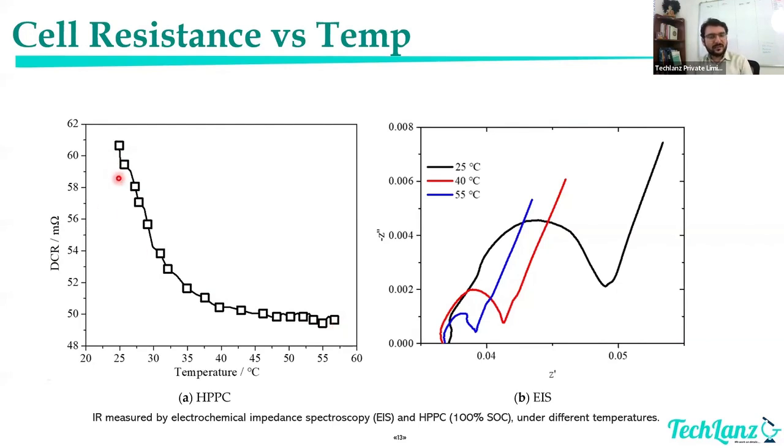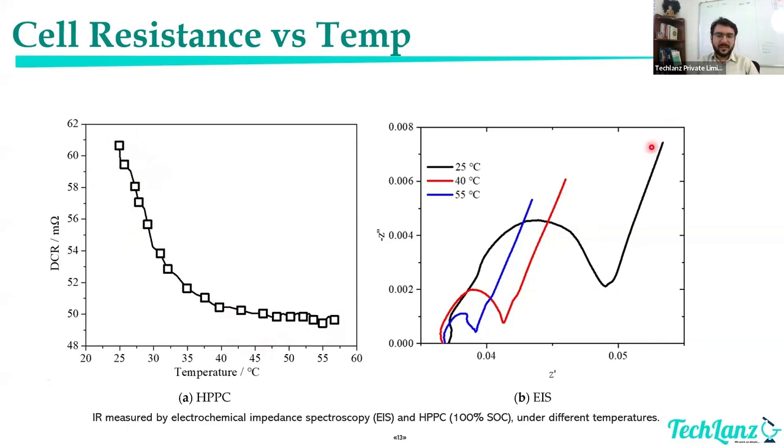So when the reactions are happening faster and there is lesser resistance to the path of ions, the resistance goes down at higher temperature. Whereas when the temperature goes down, the viscosity of the electrolyte increases, density increases, and the rate of reaction reduces. That's how the DCIR also increases, right?